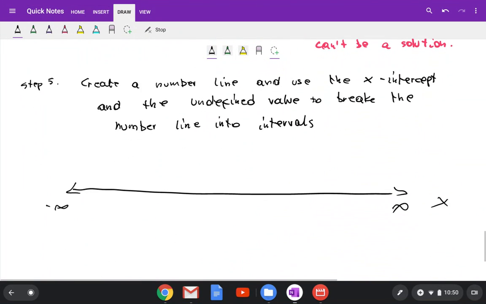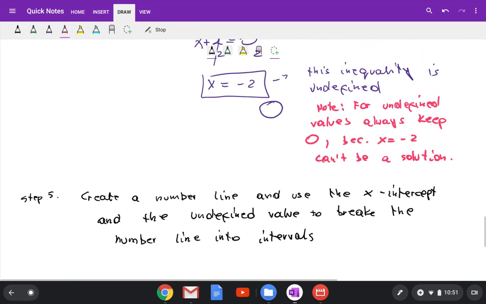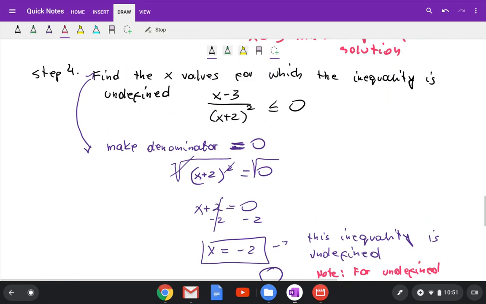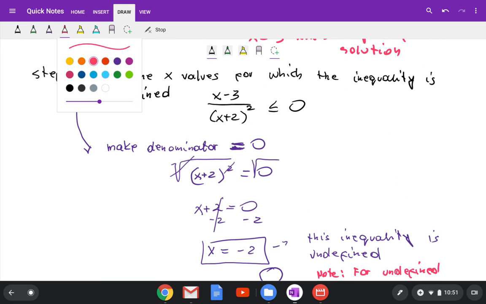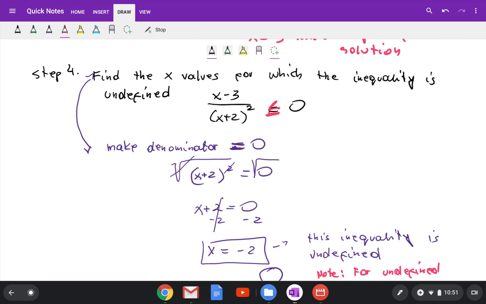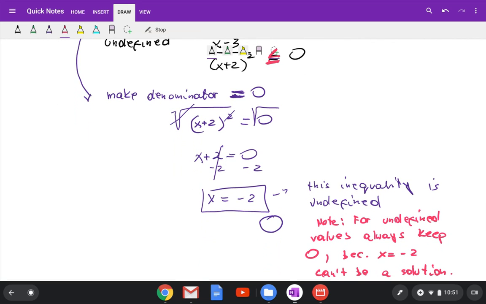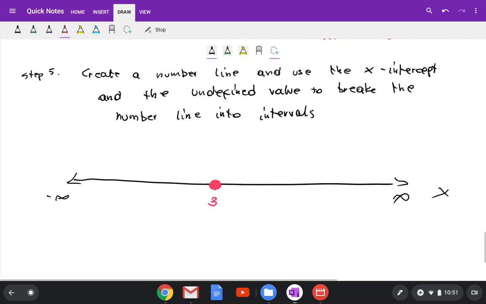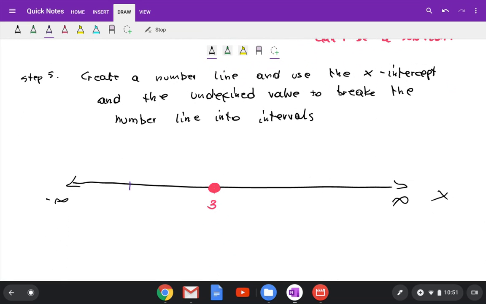So on the number line I'm putting x equal 3, and I mentioned that x equal 3 will be part of the solution because we're solving the inequality which is less than or equal. Now the undefined value was x equal negative 2. Since this is undefined, that undefined value will never be part of the solution.